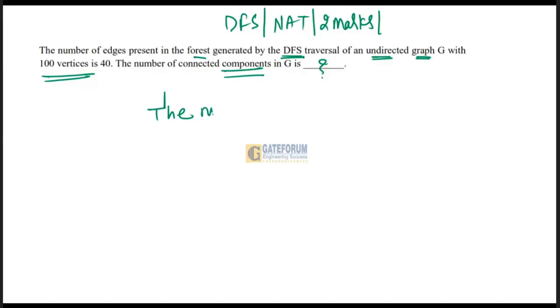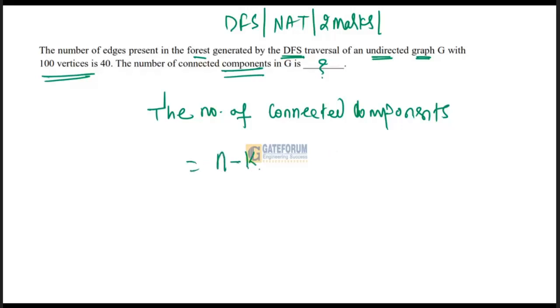The number of connected components is nothing but n minus k, where n is the total number of vertices, that is 100.